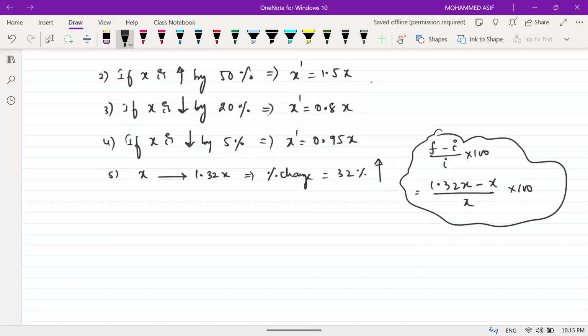इसी तरह से इसका आंसर बताइए. If x is being changed to 0.98 times of x, then what will be its percentage change?